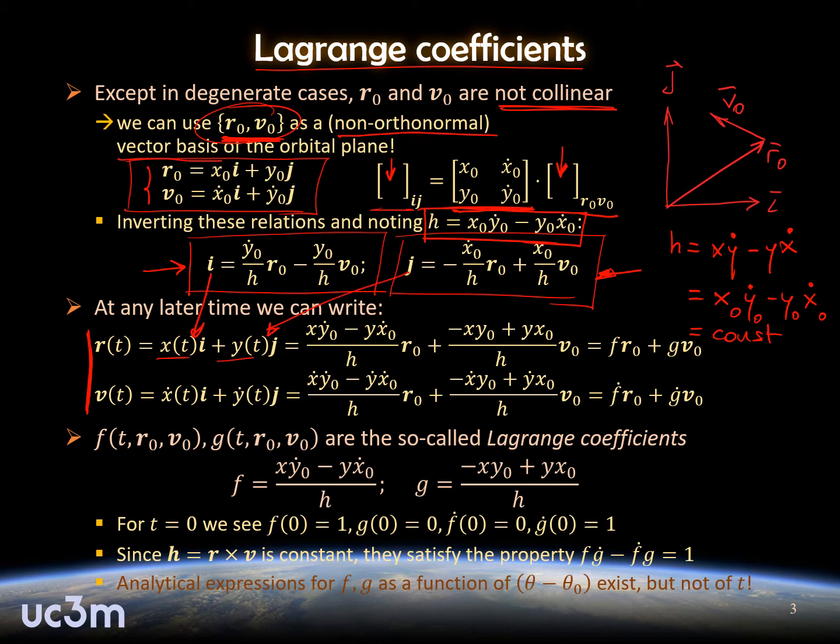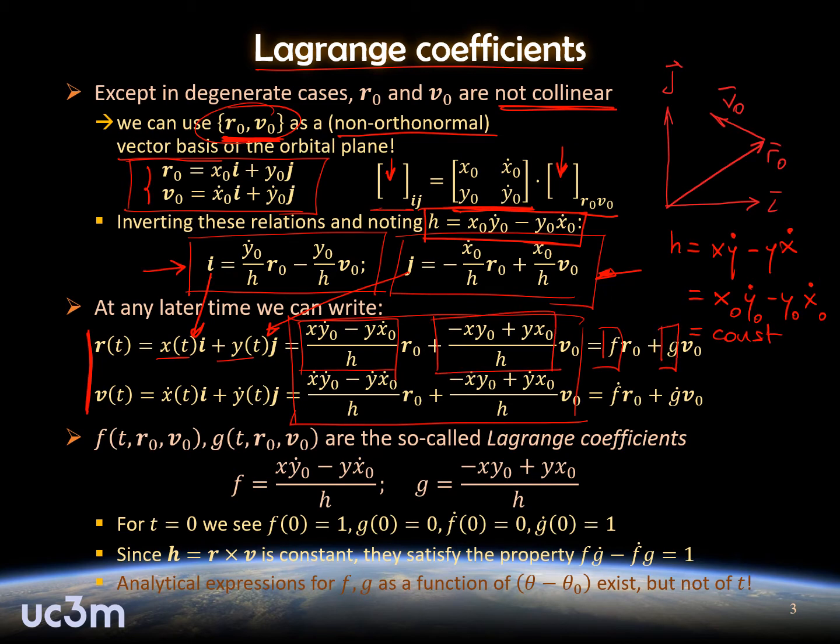So we can replace them and we will obtain the expression of R and V at any later time expressed in the vector basis of R0 and V0. That's basically what you have over here. And here we can identify essentially two terms and their derivatives. The thing that is multiplying R0, we are just going to call it F. And whatever is multiplying V0, we will call it G.